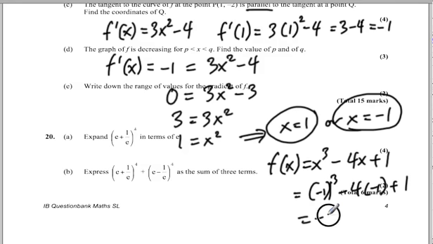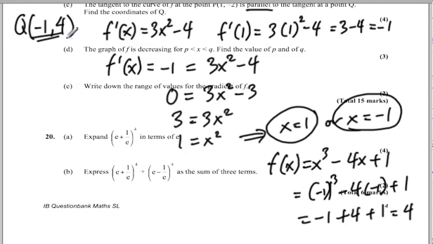Negative 1 cubed is negative 1. Negative 4 times negative 1 is plus 4, plus 1. These two cancel out, and so you get 4. So the coordinate of Q is negative 1, because that's the x, and the y is 4.